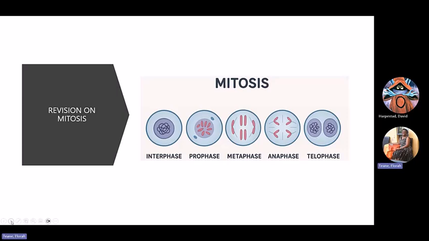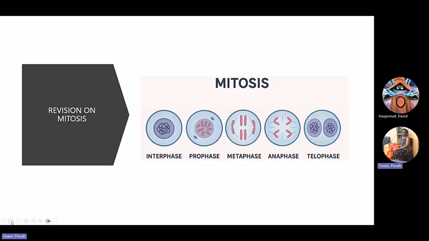And we have the next phase called metaphase. That is when these chromosomes now arrange themselves at the equator, an imaginary line formed by the spindle fibers.